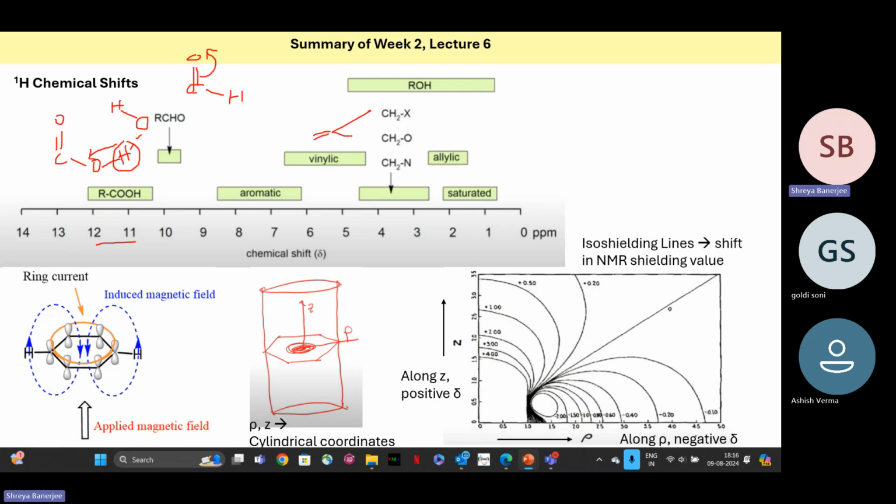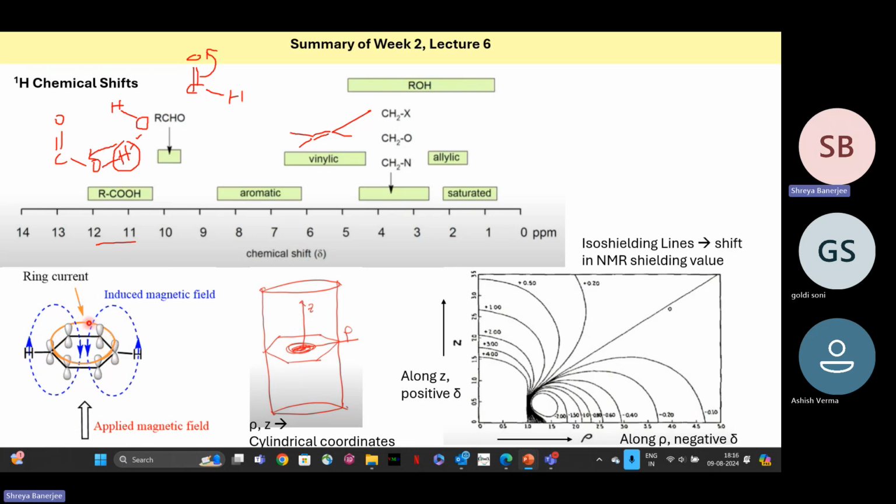So we saw the ring current effects in the previous class. Basically what happens is that when you have an applied magnetic field, suppose in the upward direction, it will cause the electrons in the benzene ring to rotate and this will give rise to a ring current.